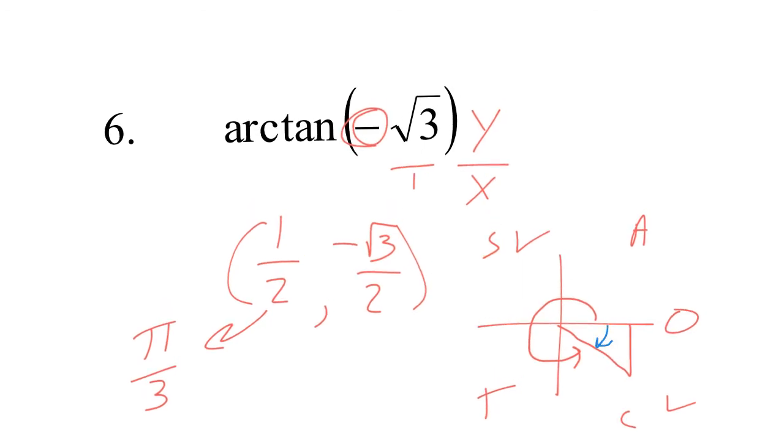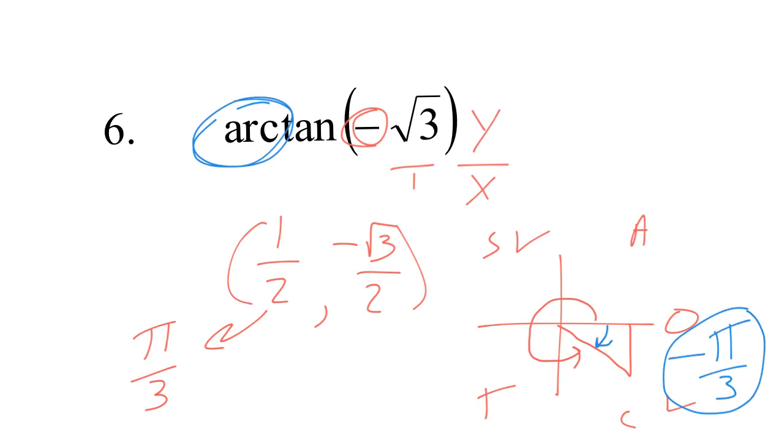Which one is the fastest way? Probably the negative angle, so we would call this answer negative pi over 3. The other option you might think of is 5 pi over 3, but that is not the fastest way. So what does arc mean? Arc means go find an angle that has a tangent of negative square root of 3. Not just any angle, but the angle that's closest to 0, getting there the fastest possible way.